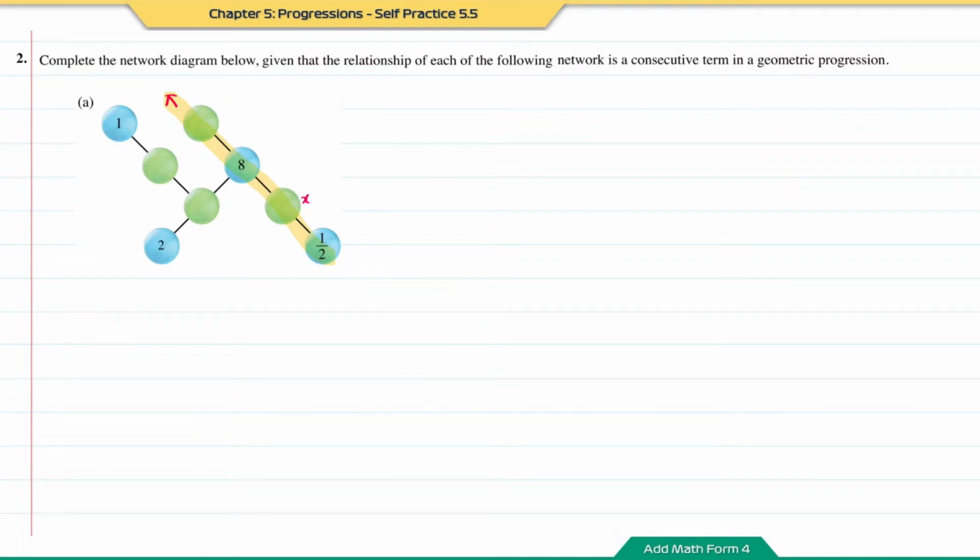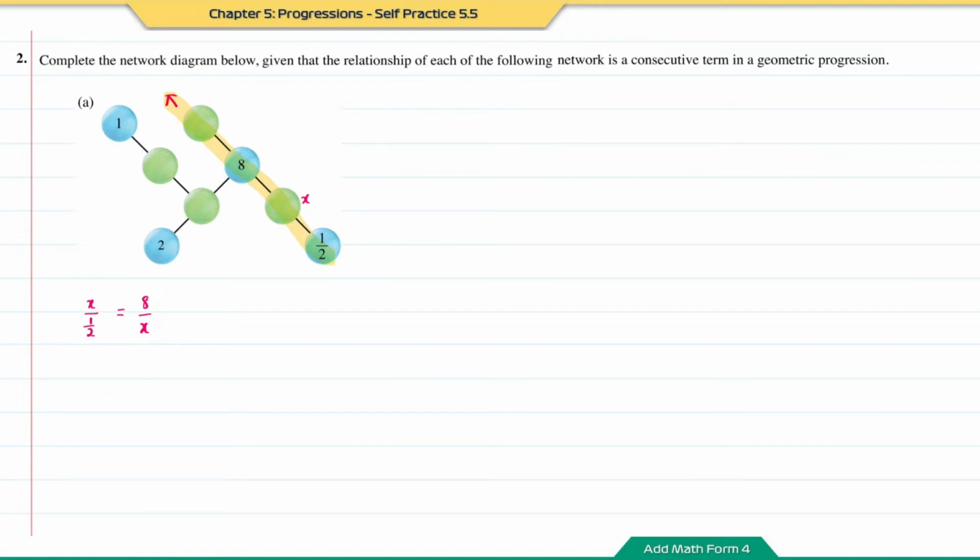To find the common ratio for this geometric progression that I highlight here, I can use x divided by the previous term. The common ratio that we find here will be the same as if you use 8 divided by 1 over 2, which are two consecutive terms.